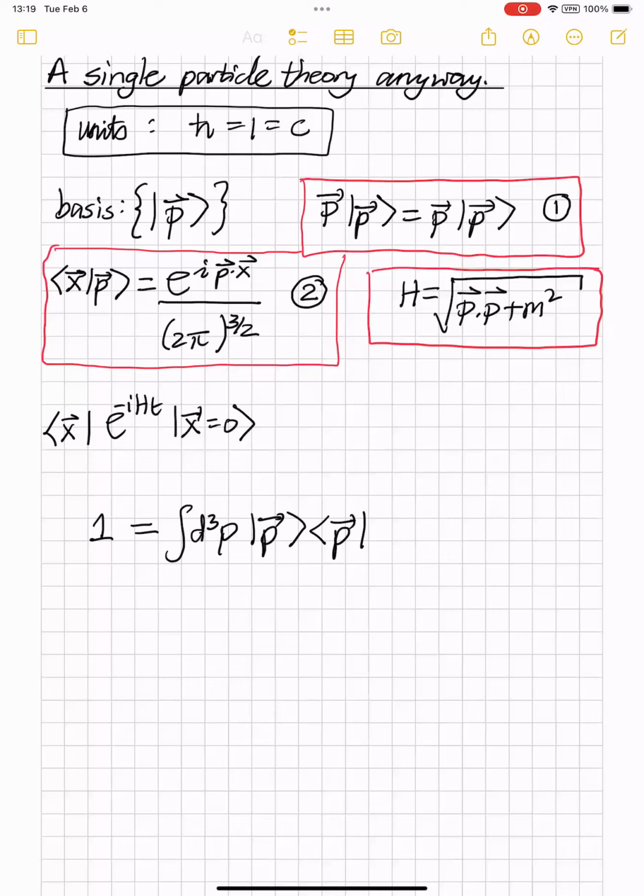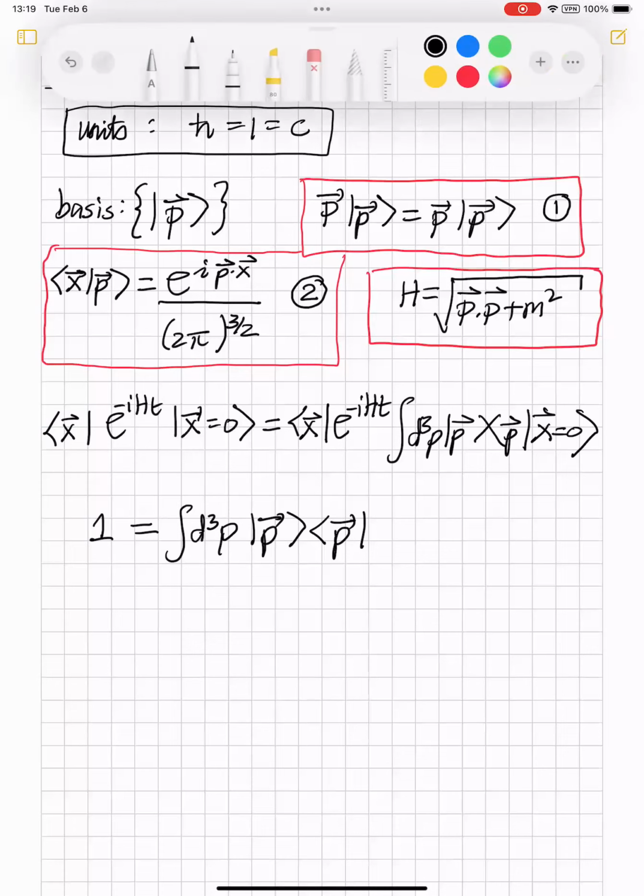So using the completeness relation, I can rewrite this as bra x e to the minus i H t. Now I'm going to multiply by 1, which doesn't change anything. And then I have ket x is equal to 0. So that's the expression that I would like to evaluate.